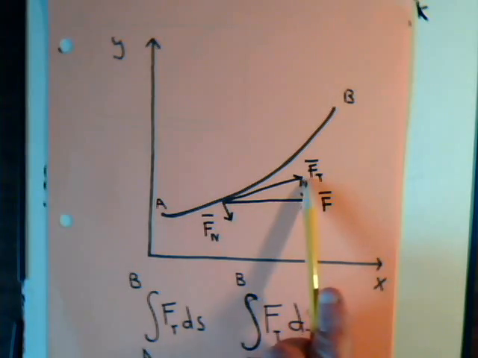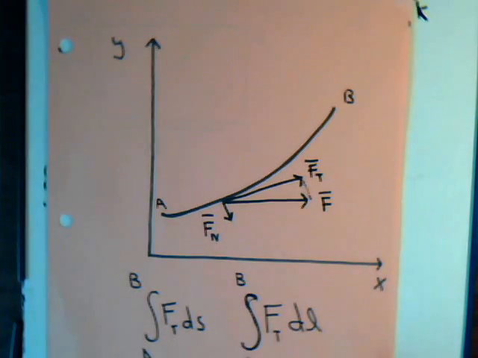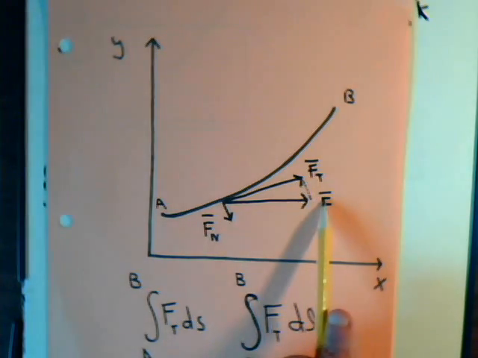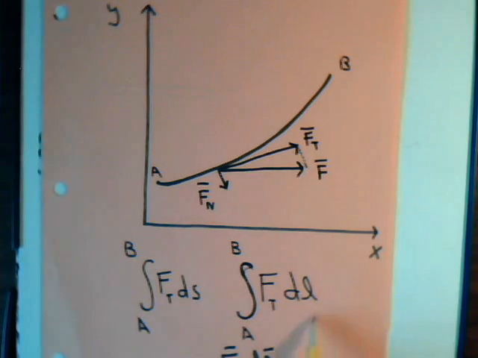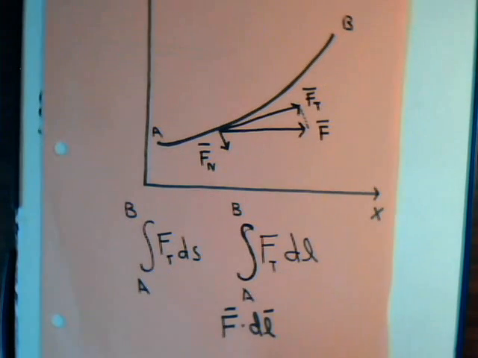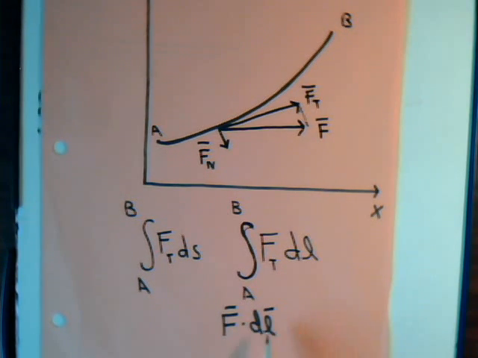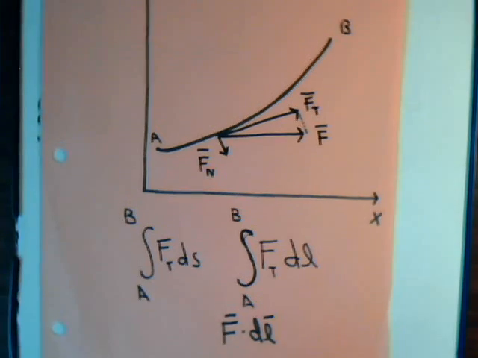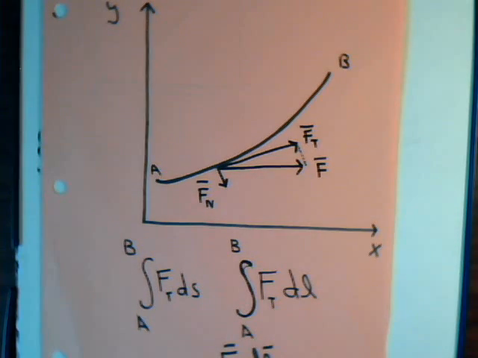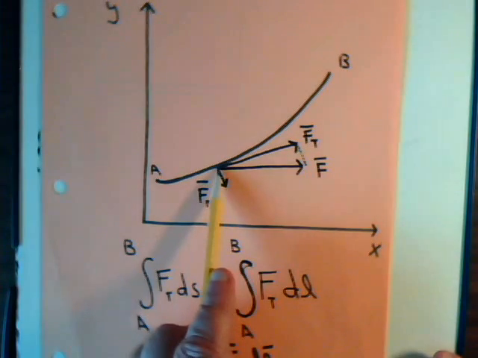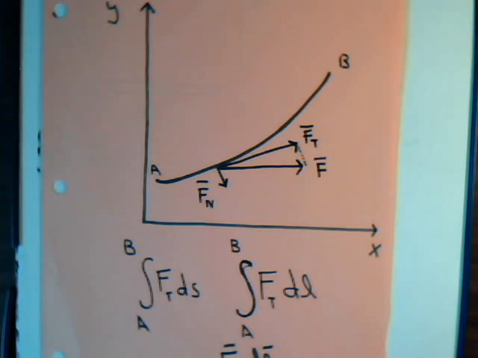It'll have a normal and a tangential component, and what we're doing is multiplying the magnitude of the tangential component by that arc length there, ds, or sometimes it's called dl. We're going with this notation now. And this would just be the dot product of F dot dl, where dl is simply the differential arc length that is tangent to the curve at that particular point. Also notice that the vector has to be right in juxtaposition at the curve at that particular point.